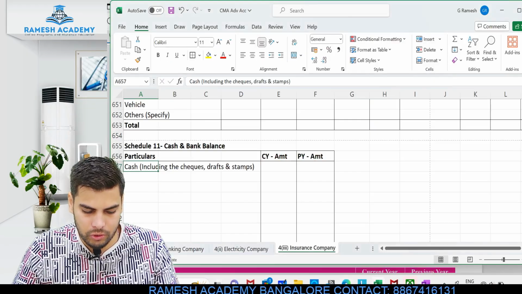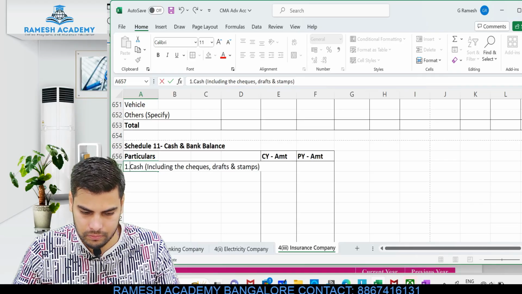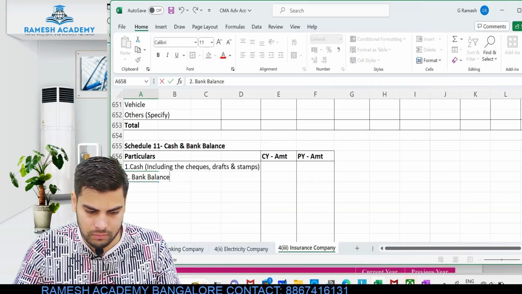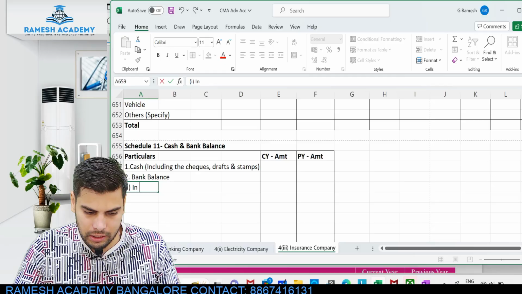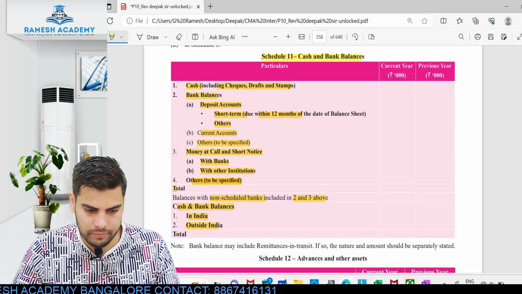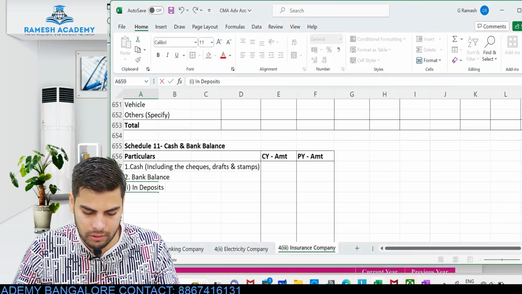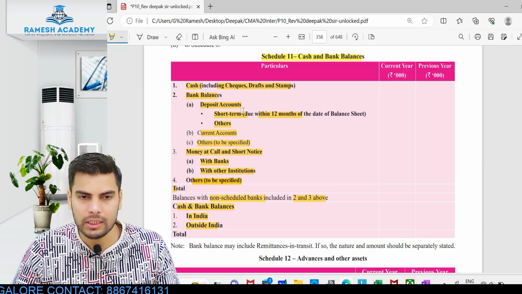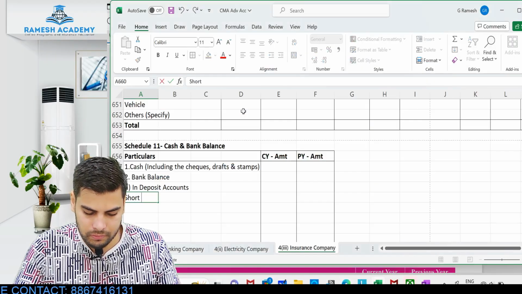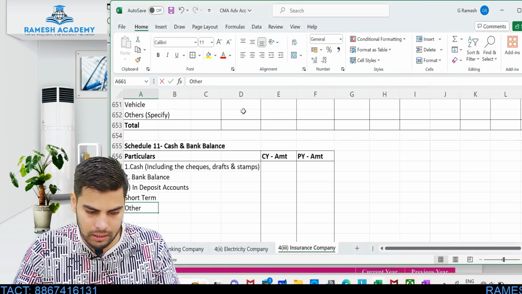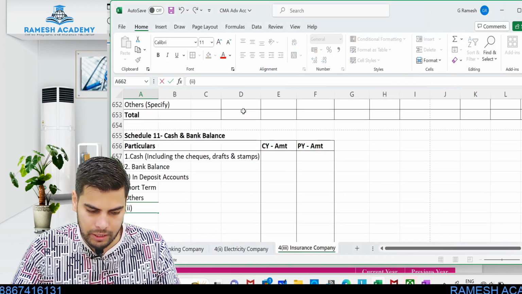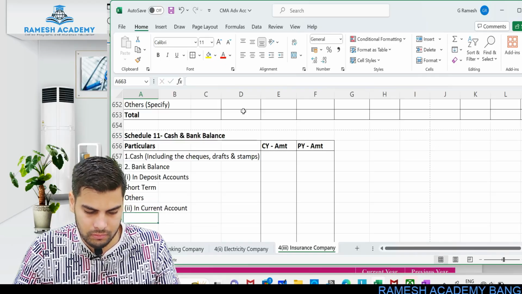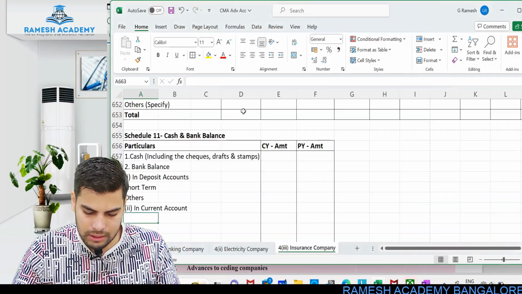Then you'll be showing the bank balance, again in deposits account. Whether it is short term or others, short term and other deposits. Same way in current account. Others, just specify the nature.